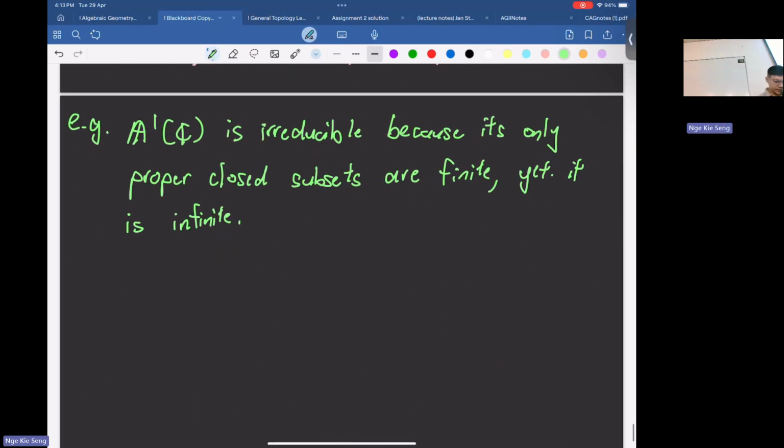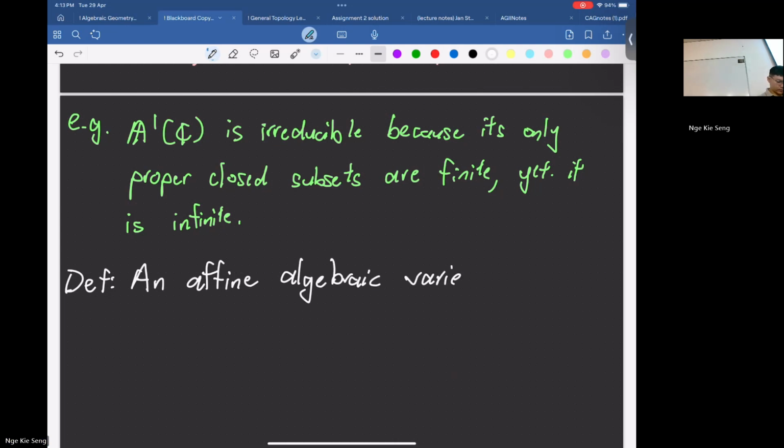All right. Now we're going to define the most important definition here: the affine algebraic variety, or sometimes we simply throw away algebraic and just call it affine variety.